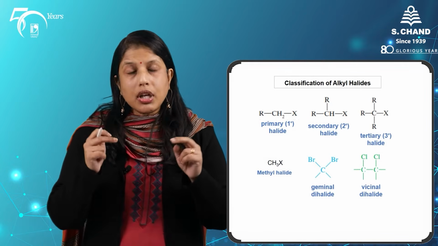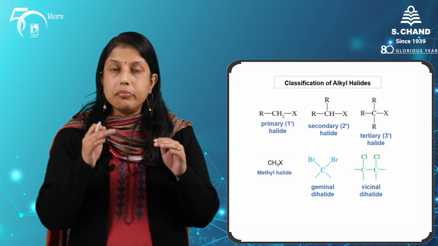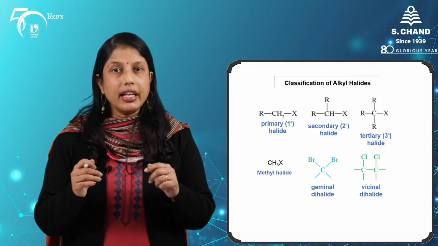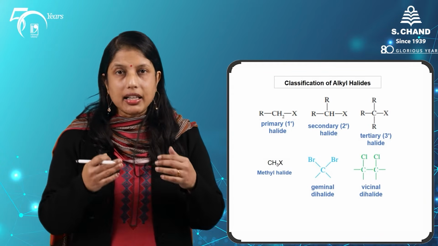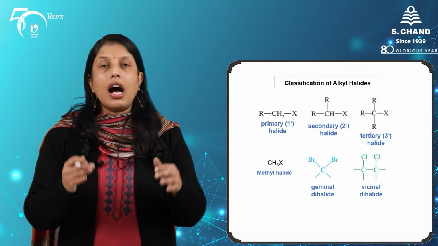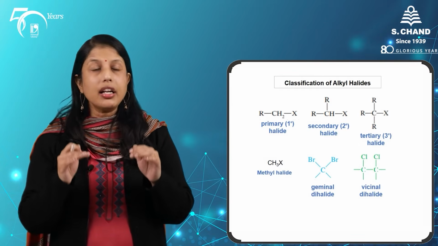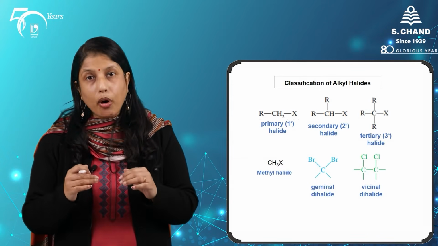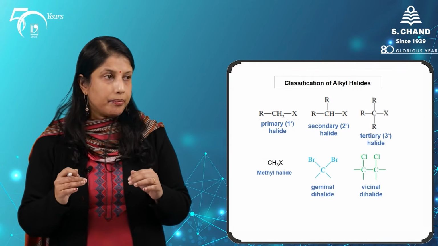If two carbon atoms are attached to the carbon bearing the halogen, then that carbon is said to be secondary, and the alkyl halide is a secondary alkyl halide. A tertiary alkyl halide will have 3 carbons which are bonded to the carbon bearing the halogen atom.